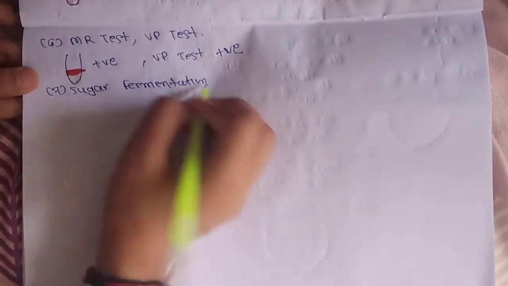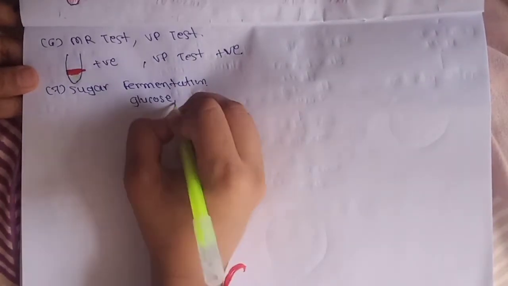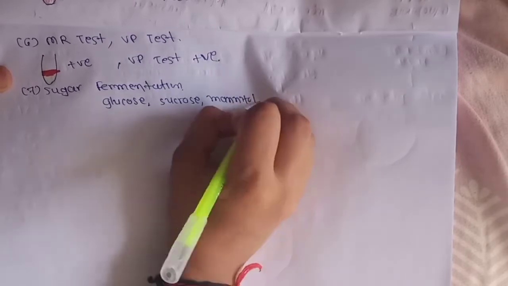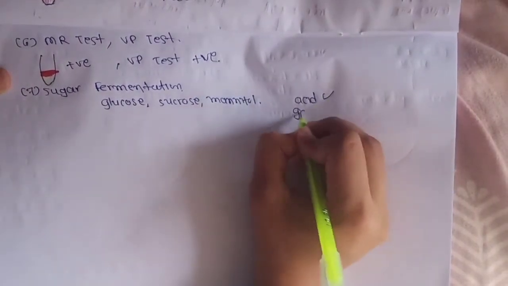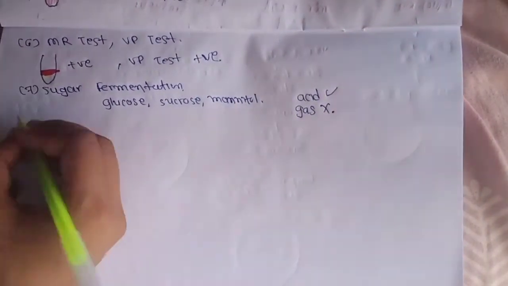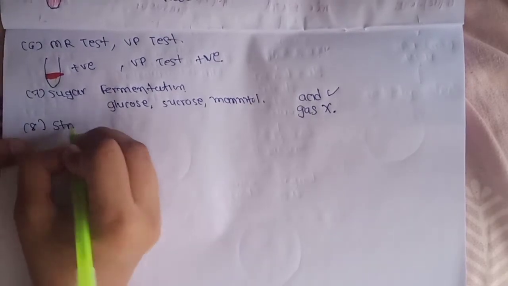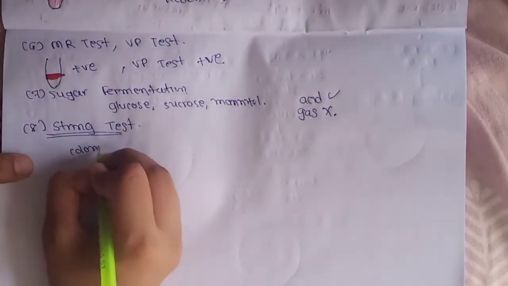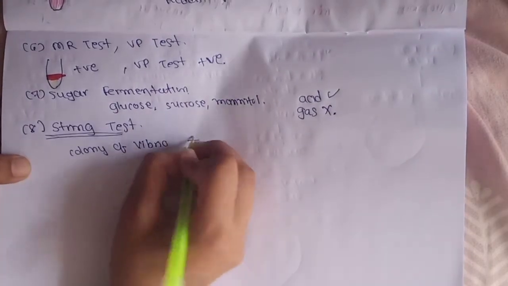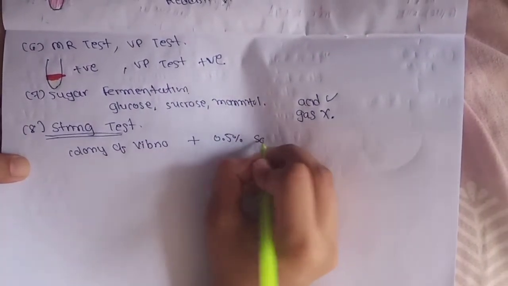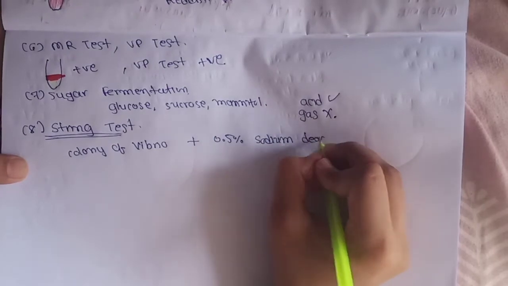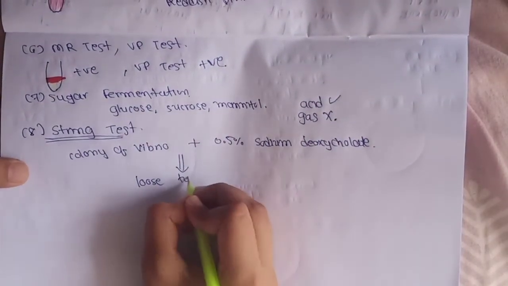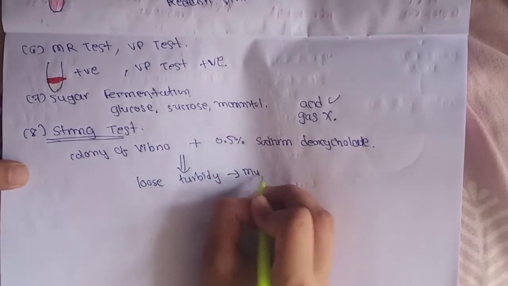Now the sugar fermentation test. Vibrio cholerae will ferment glucose, sucrose, mannitol with the production of acid but not production of gas. Now eighth reaction is string test. It is important. On the colonies of Vibrio, if we add a few drops of 0.5% sodium deoxycholate, it will lose the turbidity and become mucoid.